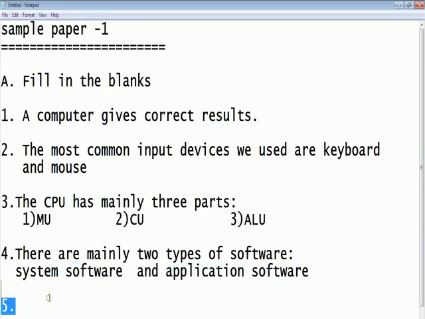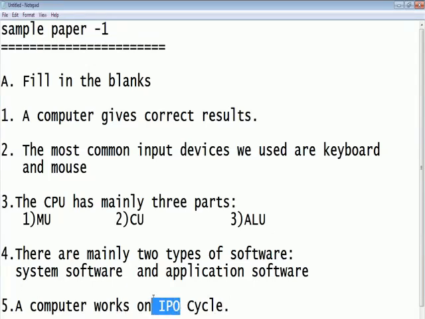Now the fifth question is a computer works on IPO cycle. So for the fifth question, the answer is IPO.